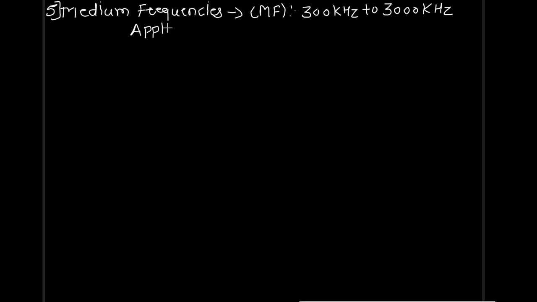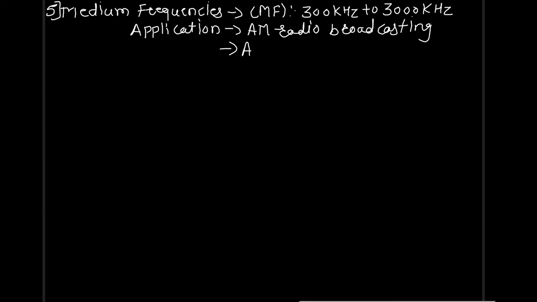The application for this frequency is AM radio broadcasting. Other services in this range include various marine and aeronautical communication applications, same as in the low frequencies, which are also used in aeronautical and marine communication.